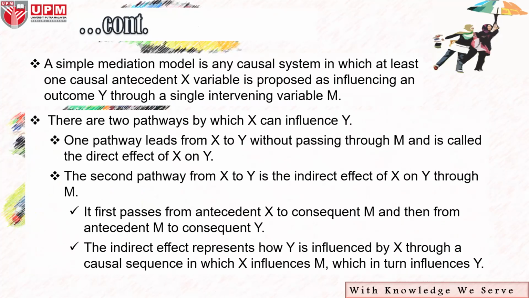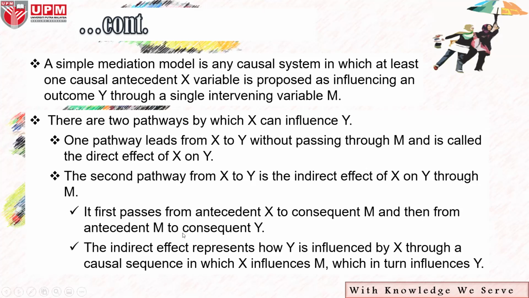Maksudnya daripada bawah tadi X direct to Y. The second pathway from X to Y is the indirect effect. The influence of X on DV through M, then we know as indirect effect. Tadi yang kat bawah direct tu the name is direct effect. Yang atas tu indirect effect.